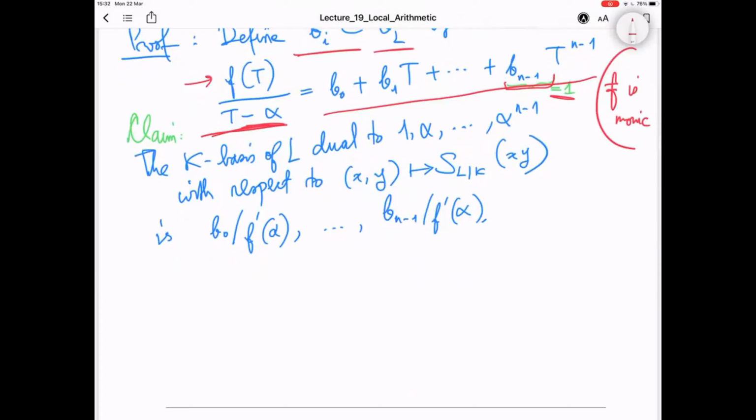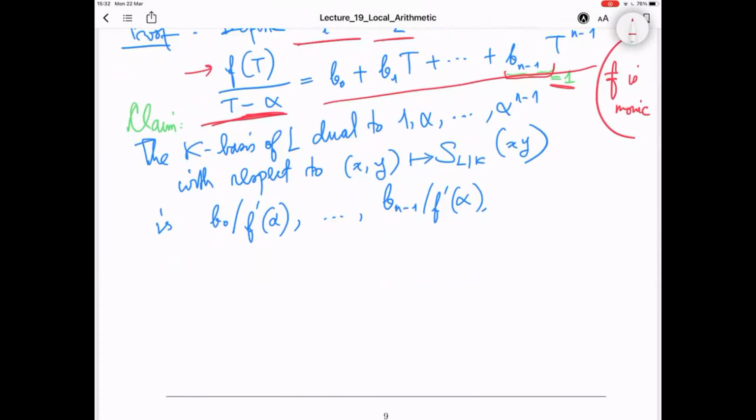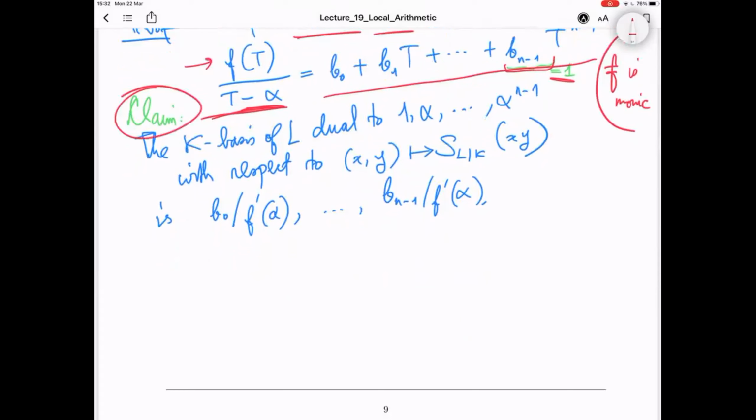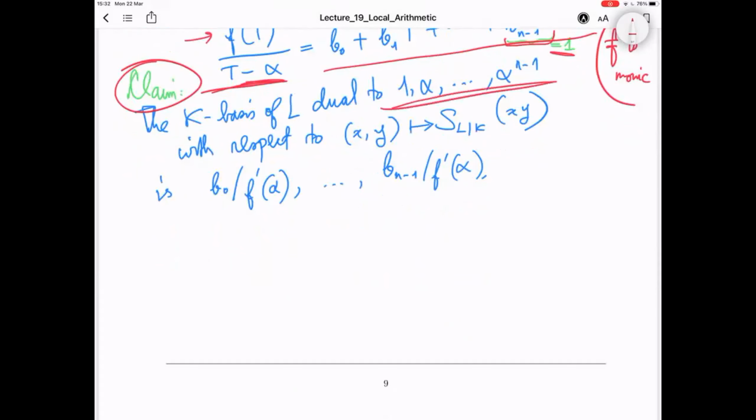Now, the claim is that these b_i have been defined, and the claim is that when I take the basis dual to this basis, 1, alpha, up to alpha to the n minus 1, is, of course, an O_K basis of O_L, right? That is given to us because O_L is O_K[alpha].